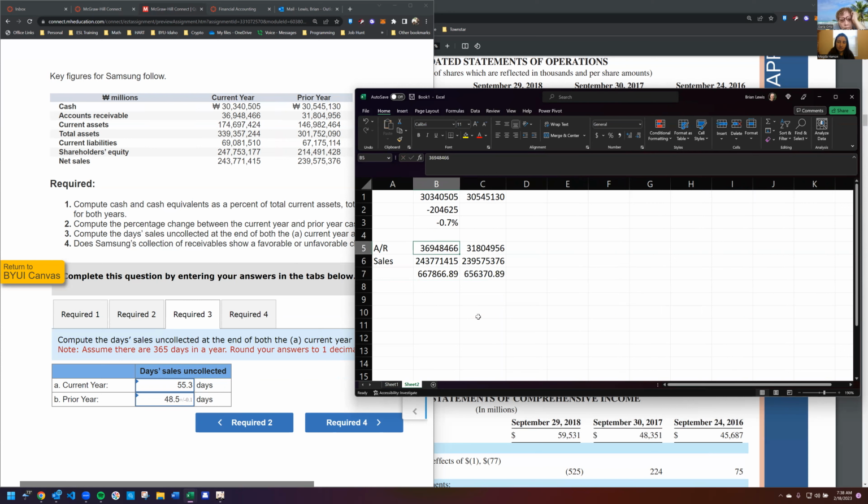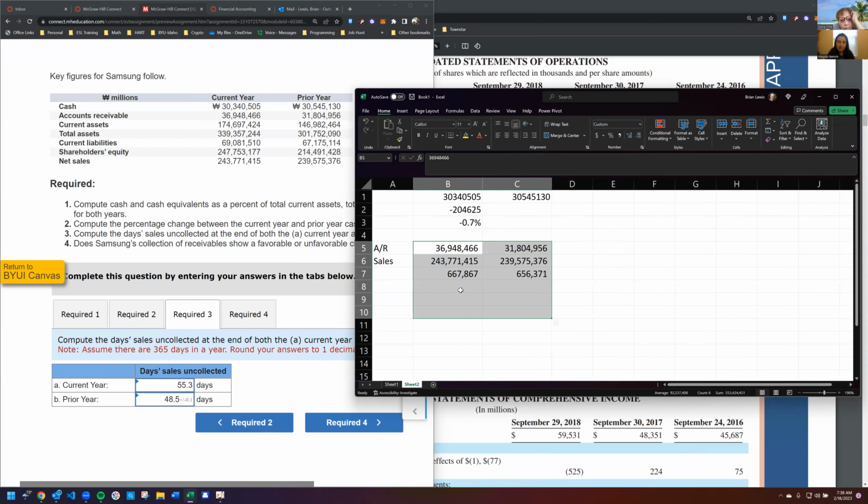Let's make these easy to read. Daily sales, and then days, and we call this DSO usually. I'm just going to truncate it. So that divided by this gives me 55. And the longhand, AR divided by sales times 365, that's the same number I got. Either way. So 55, let's make these to one decimal point, 55.3 and 48.5.